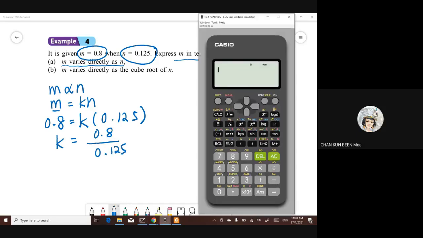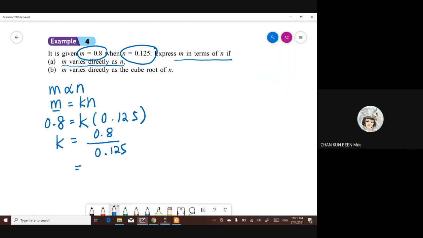Okay, to get the answer, you can see from the calculator on the right here, 0.8 divided by 0.125. We will have 32 over 5 or 6.4. Wait, yeah, I did it correctly. Let me see. 0.8 over 0.125. Yes, correct. Okay, so it's 6.4.